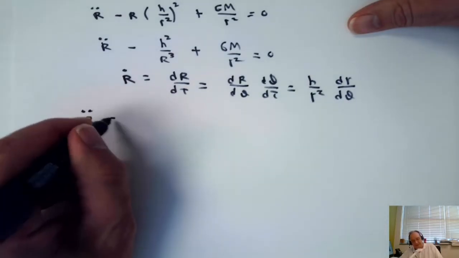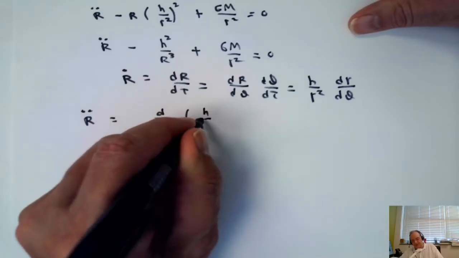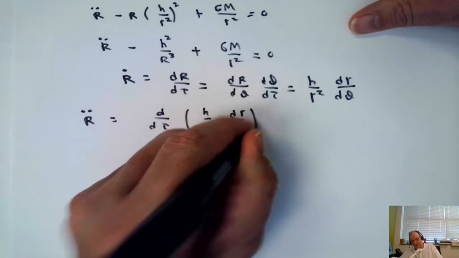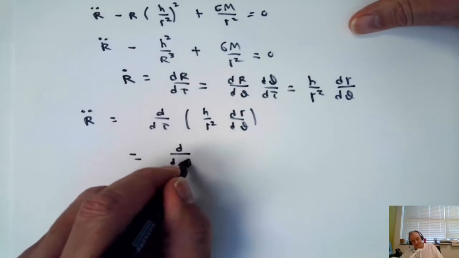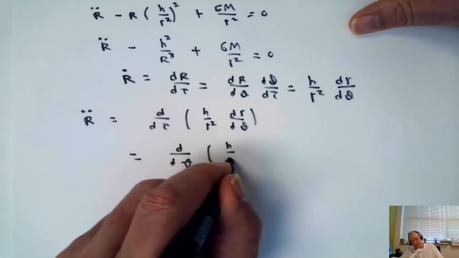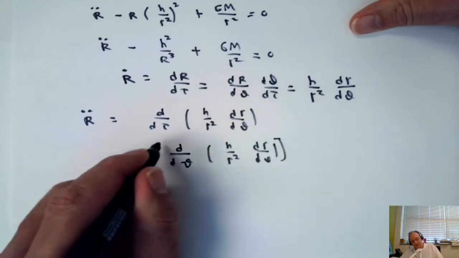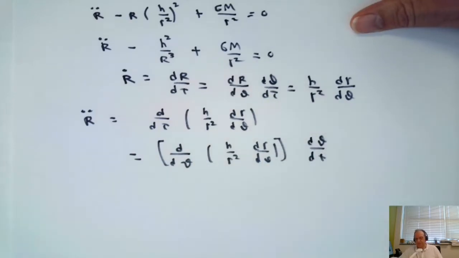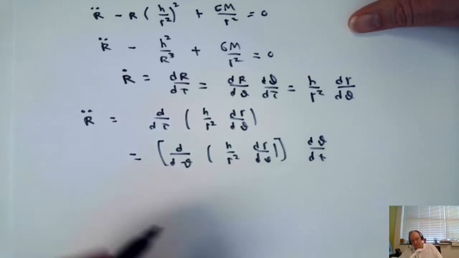The second derivative of r with respect to t is the derivative of the first derivative of r with respect to t, which I can write as the derivative with respect to theta of h over r squared dr d theta, multiplied by d theta dt again. It's the chain rule again. This factor is an additional factor of h over r squared.